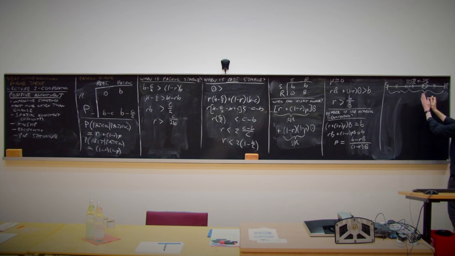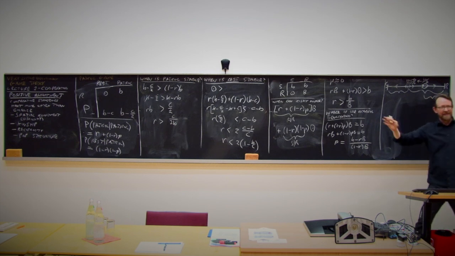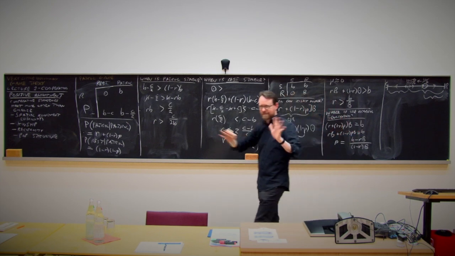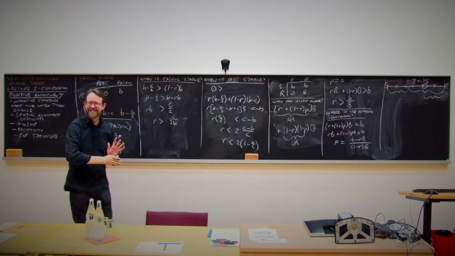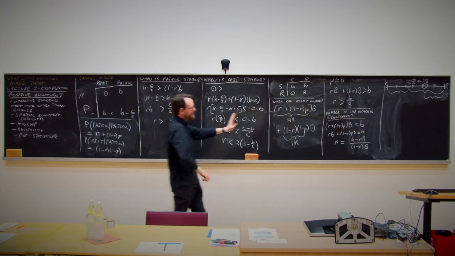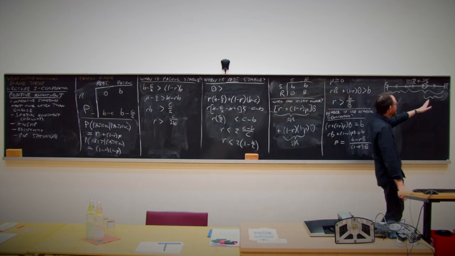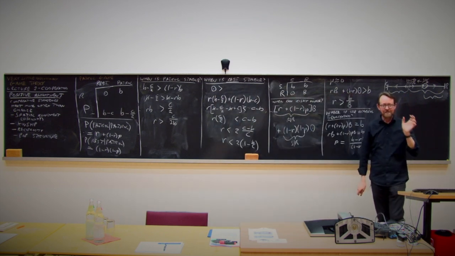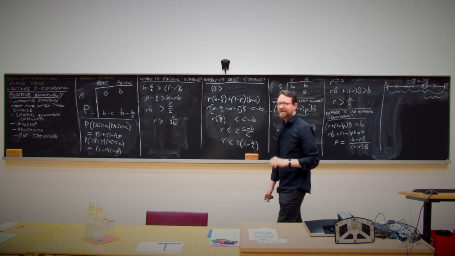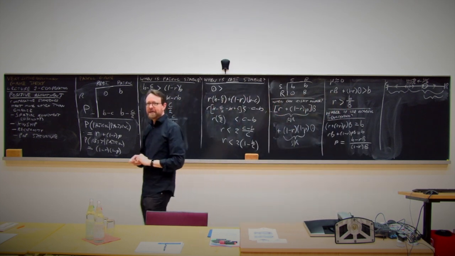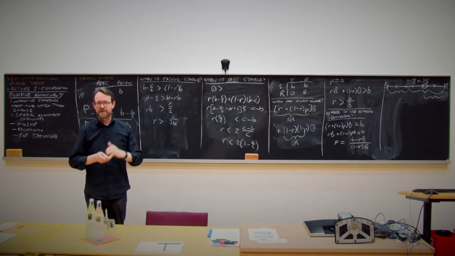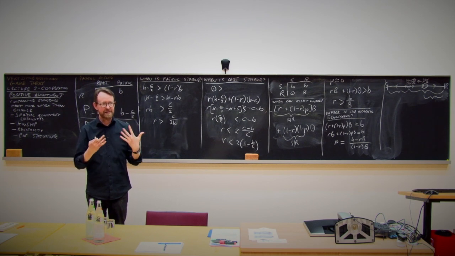That embiggens, which is the scientific word, the domain of attraction of the cooperative strategy, because that's what assortment does: it benefits the cooperative strategy. The effect can be pretty dramatic. It all depends upon the details and the values of the b's, but that's the action of it.